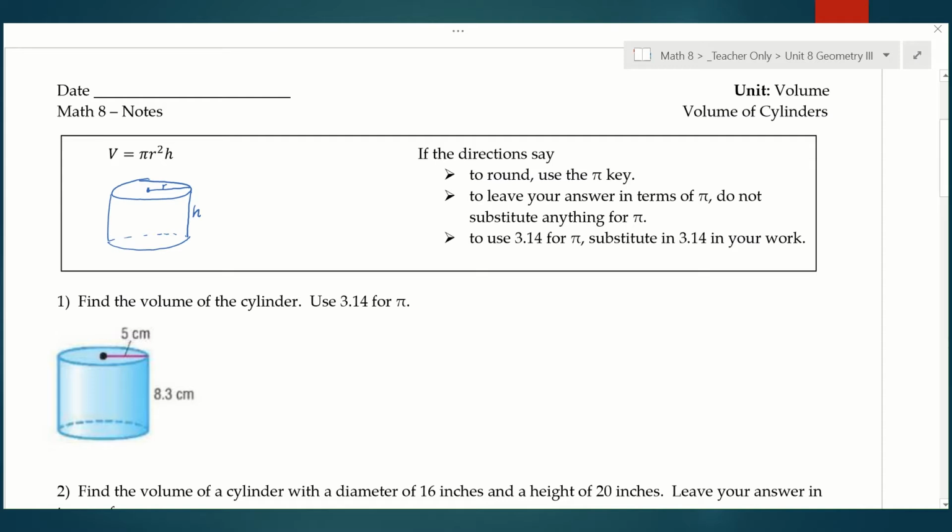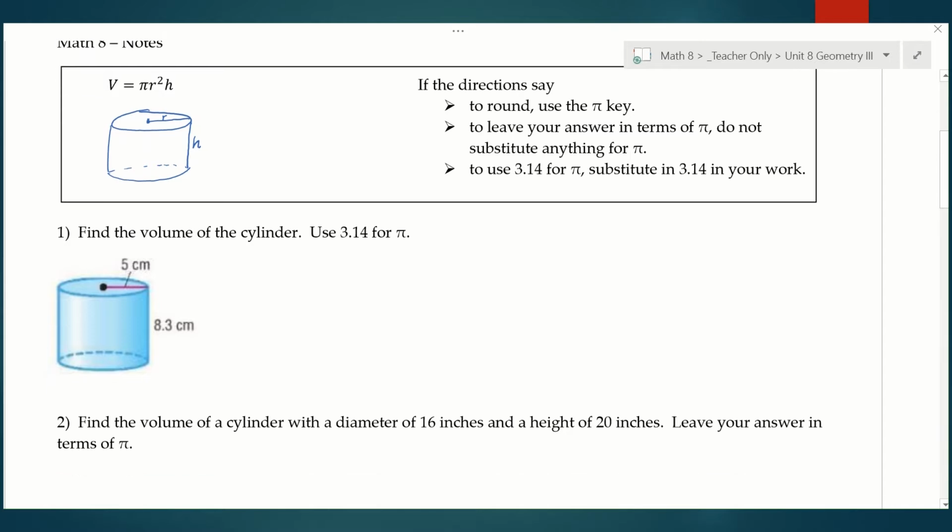So you can see here, if the directions say to round, that's when we use the pi key on the calculator. To leave your answer in terms of pi, if the directions say to do that, we basically don't do anything with the pi. We just leave it alone. We treat it like it's a variable. And then if the directions say to use 3.14, then we'll substitute 3.14 for pi in our work.